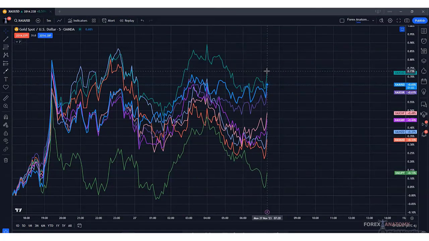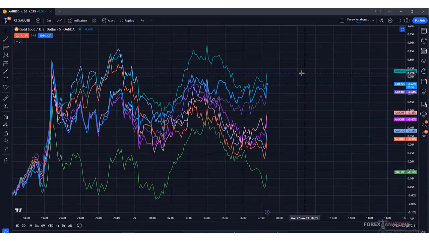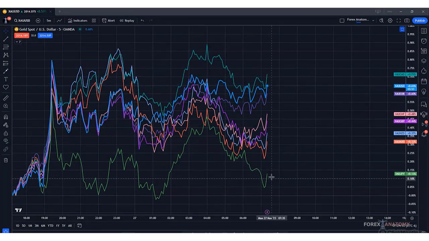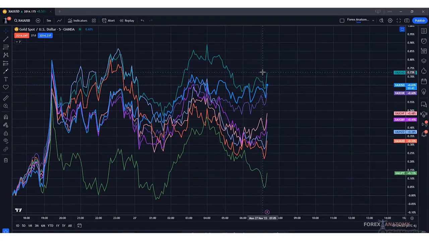The value of XAU over CAD, gold priced in Canadian dollars, is much higher than gold priced in Japanese yen. So since the price of gold priced in Canadian dollars is higher, it's safe to assume that the Canadian dollar is weakening, or is the weaker currency for the session.